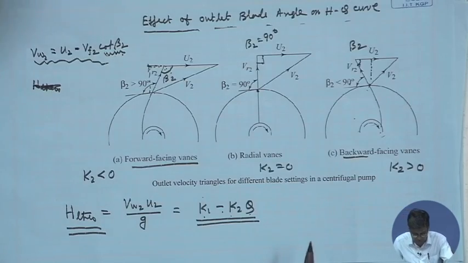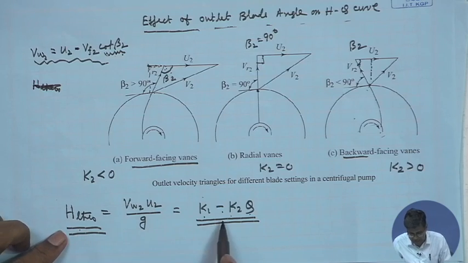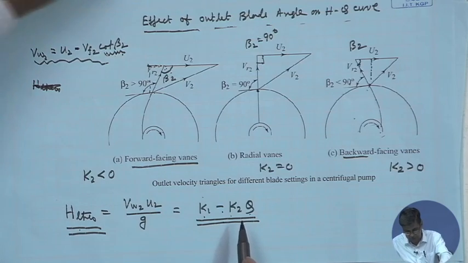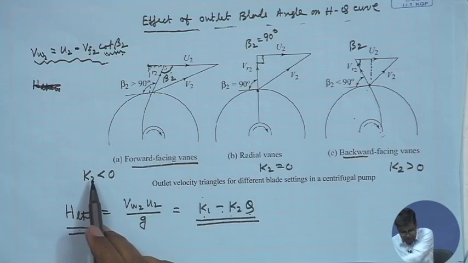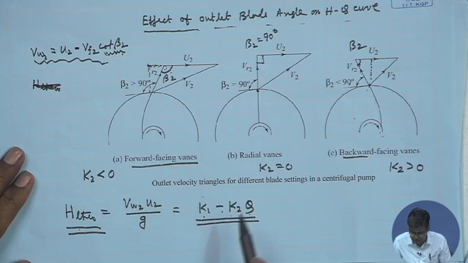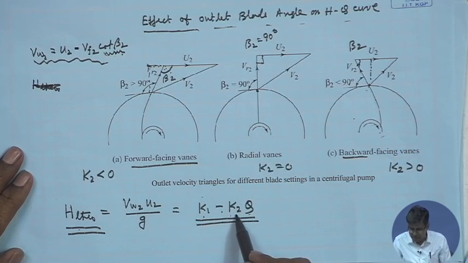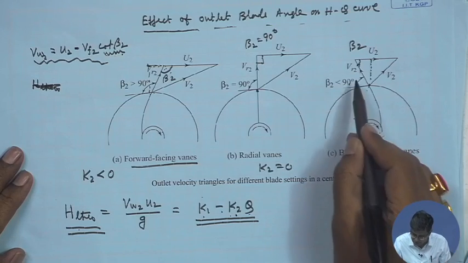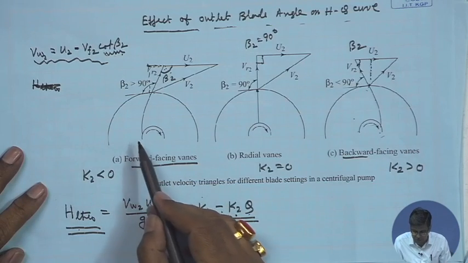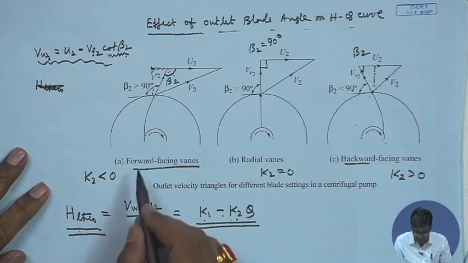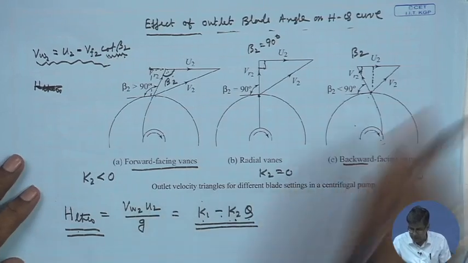So if you consider H theoretical as K1 minus K2Q, then K2 is less than 0 in case of forward facing vanes, K2 is 0 for a radial vane, and K2 is greater than 0 for a backward facing vane.